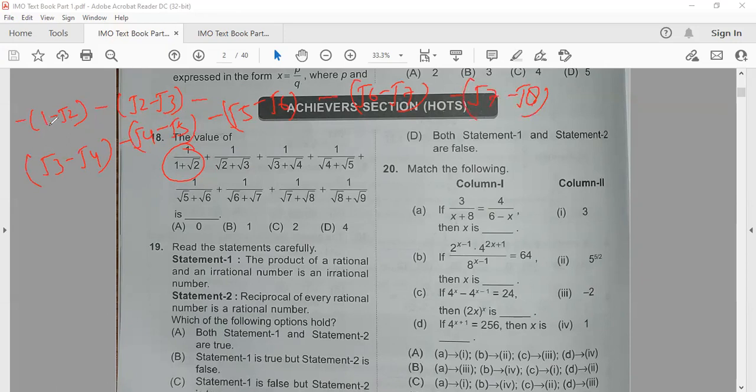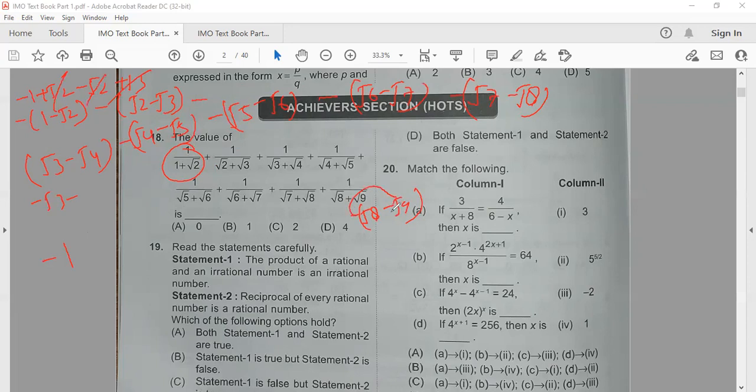In this way, if you take a minus 1 outside, minus 1 plus root 2 minus root 2 plus root 3 minus root 3, everything gets cancelled out. So minus 1 is there, and in the last step minus root 8 remains.